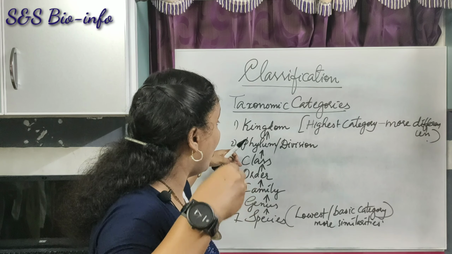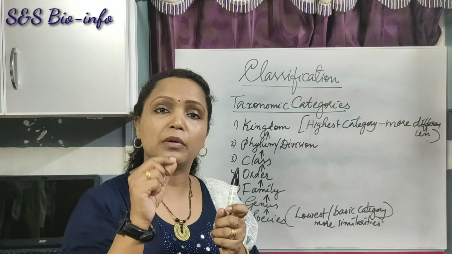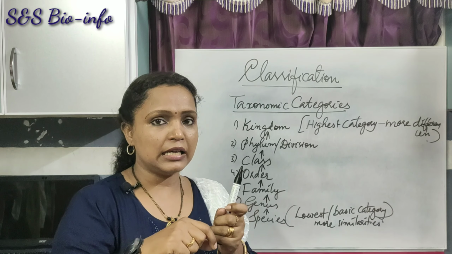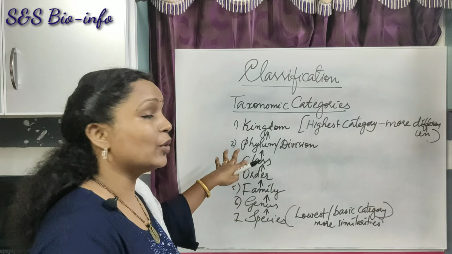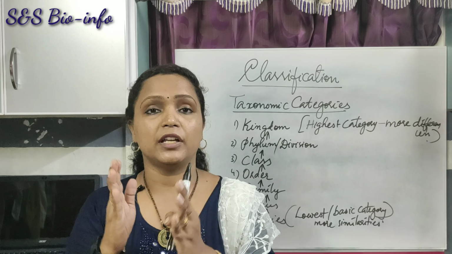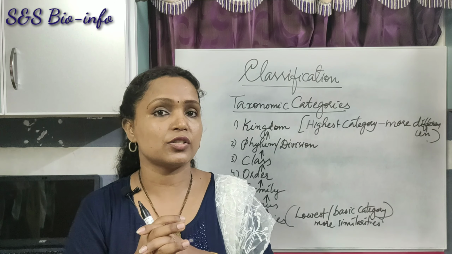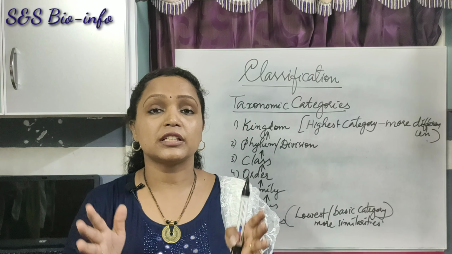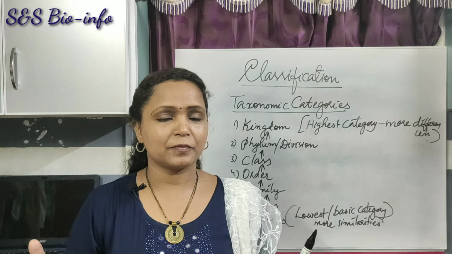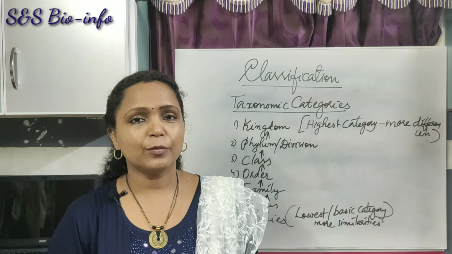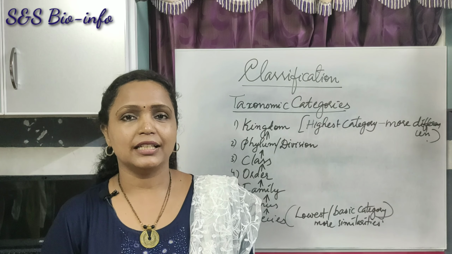When it goes to the order, to the next higher level, to the highest level, the number of similarities will be less and the number of differences will be more. So as it goes to higher and higher categories, the number of similarities decreases and the number of differences increases. So we can say the kingdom comprises wide varieties of animals and plants. Got it? We will learn about each taxonomic category in detail with examples in the next class.